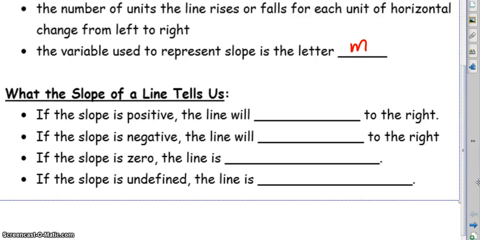Now, what does the slope tell us about the actual line? Well, the slope tells us a little bit of everything. If the slope is positive, then from left to right, the line will rise. If the slope is negative, the line will fall.